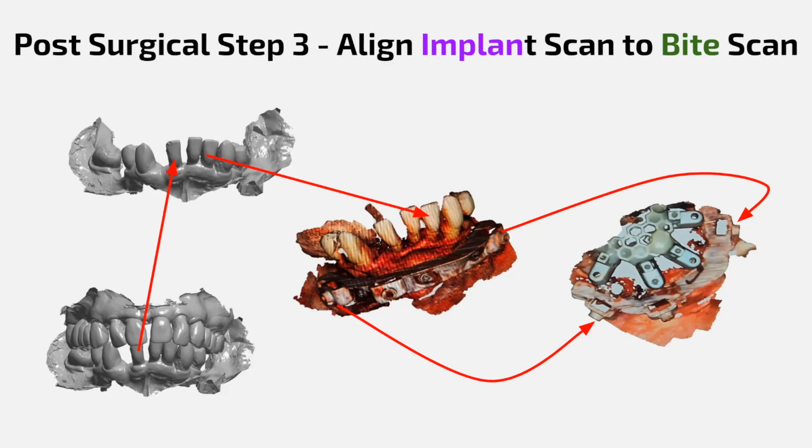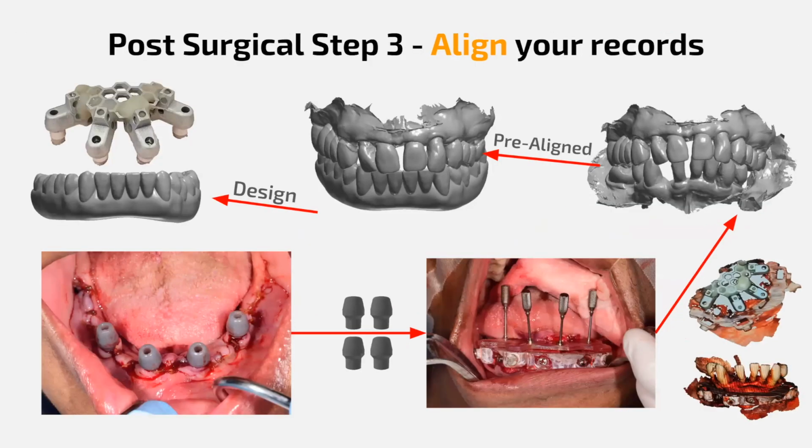And then we're going to align that to the OPTISPLINT scan with the fiducial marker. And again, the fiducial marker is the bone reduction guide in this case. That's going to put our OPTISPLINT into the same three-dimensional space as the prosthesis design. And you can see here, this is how we were able to align all that together, right?